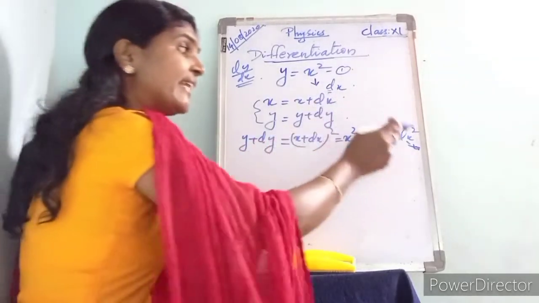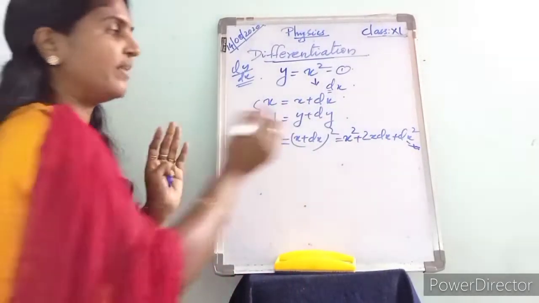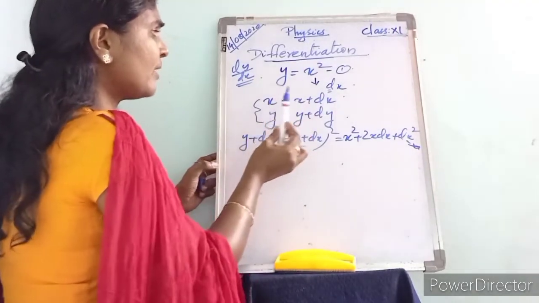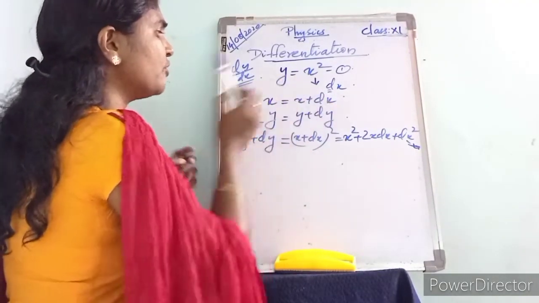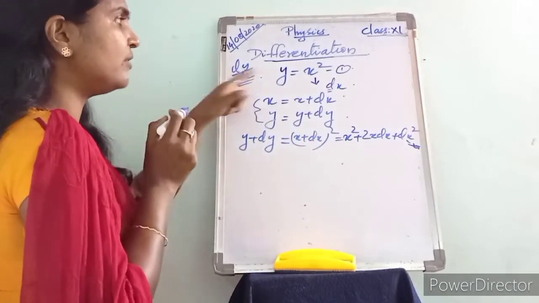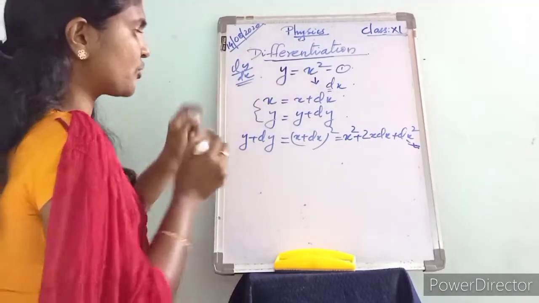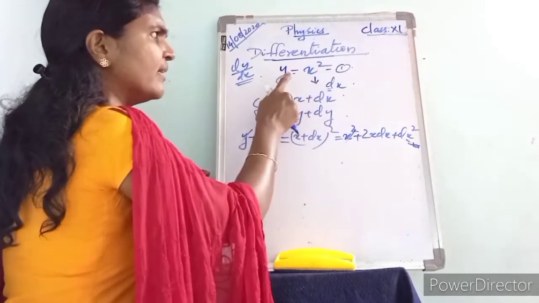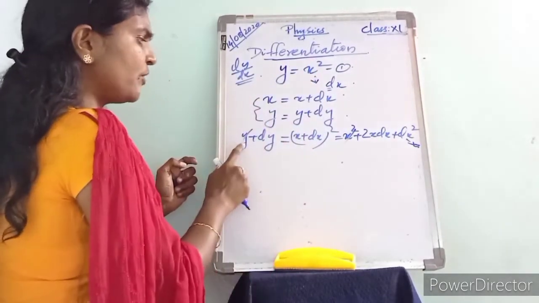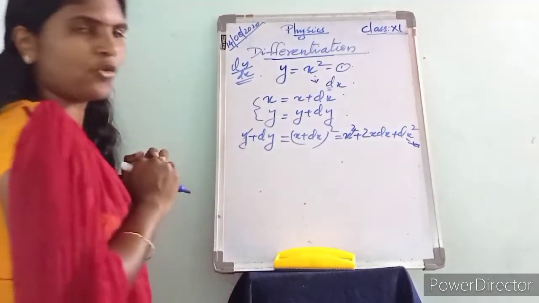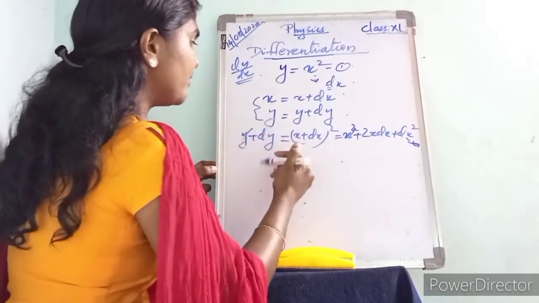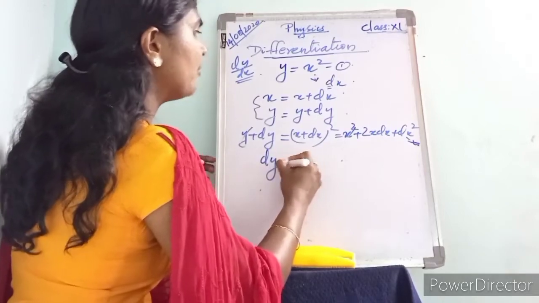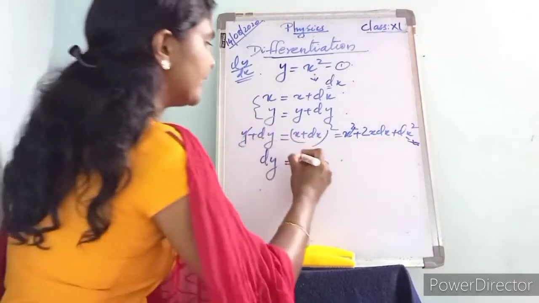So we can neglect this dx square term. Also you know that y equals x square, as equation 1 says. So we can cancel y and x square, and the remaining thing is dy. dy is equal to what?